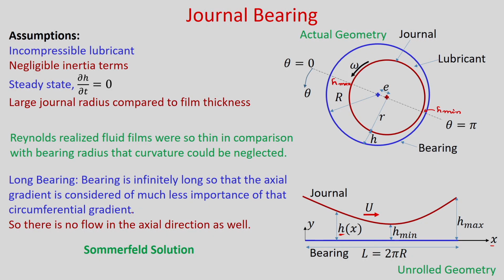Long bearing means the length of the bearing is infinite, so that the gradient of any quantity in this direction is negligible and the velocity in that direction is also 0. So with this simplification we will make this analysis, and Sommerfeld first did this analysis, that is why it is known as Sommerfeld solution. So as we are considering long bearing, there is no flow in the axial direction.